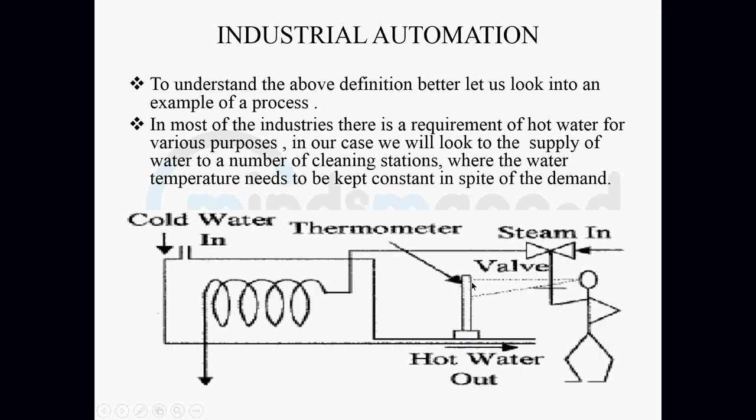Then whenever the temperature goes beyond the range of where we want it to be, this manual operator, after observing the thermometer, will close down this valve and reduce the flow of steam to the heat exchanger to keep the water cooler and in the range that we want it to be, right?